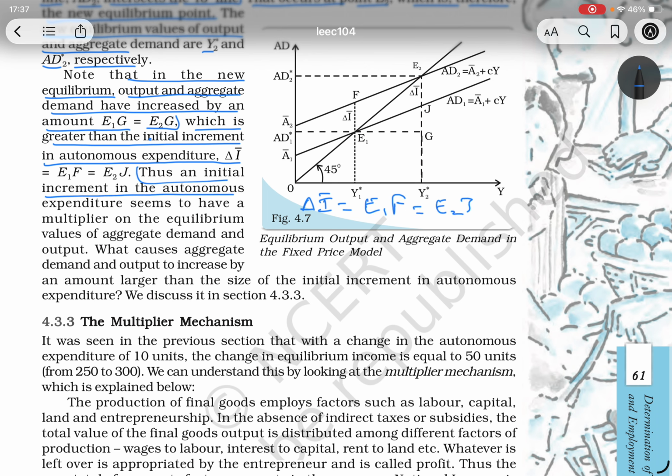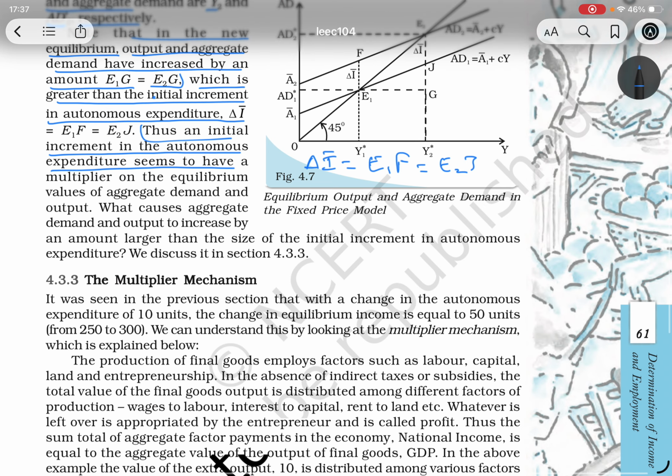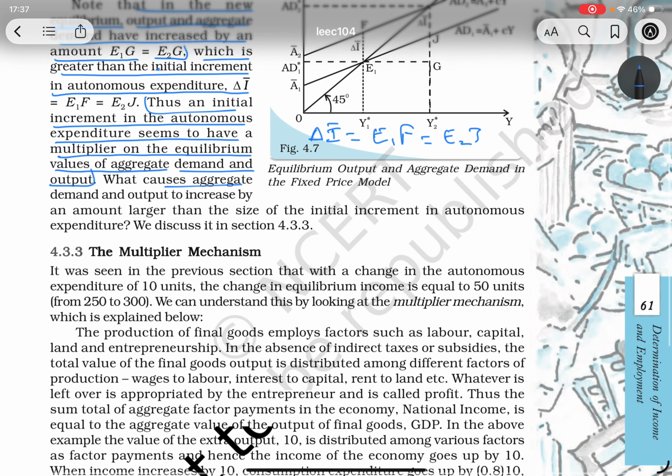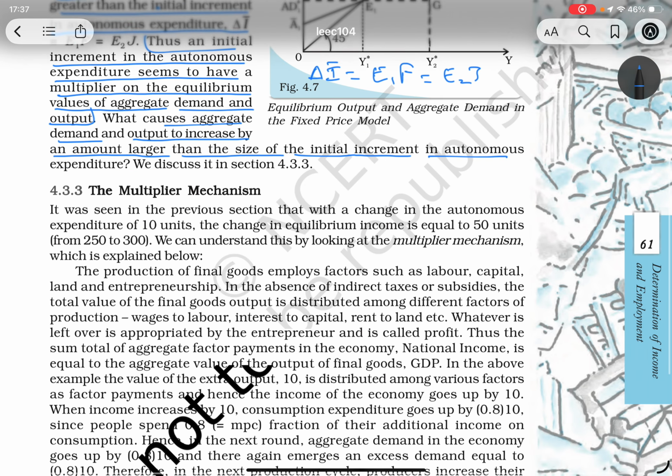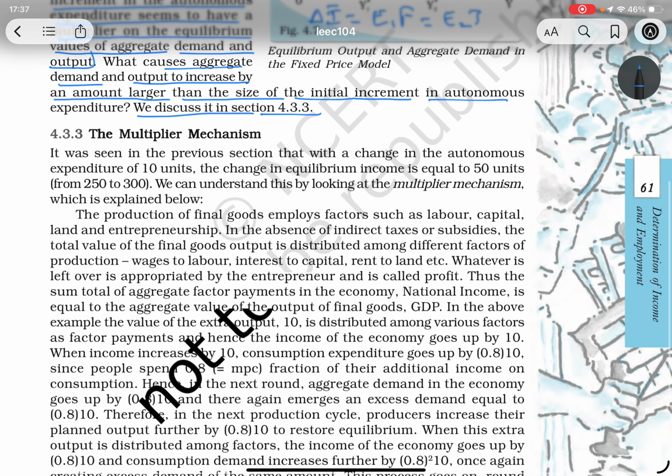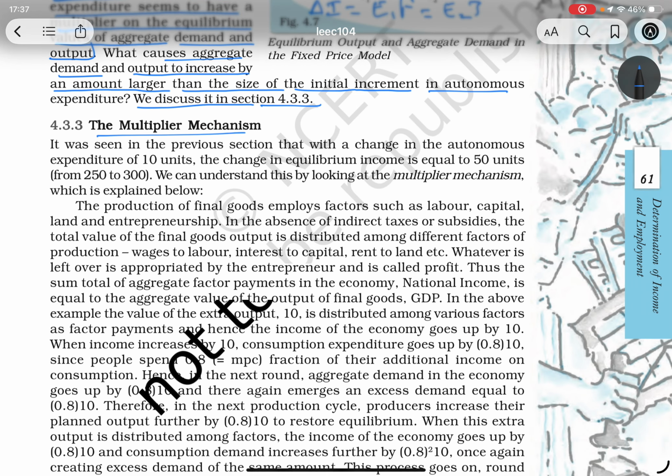Thus, an initial increment in the autonomous expenditure seems to have a multiplier effect on the equilibrium values of aggregate demand and output. What causes aggregate demand and output to increase by an amount larger than the size of the initial increment in autonomous expenditure? We discuss it in section 4.3.3, the multiplier mechanism.